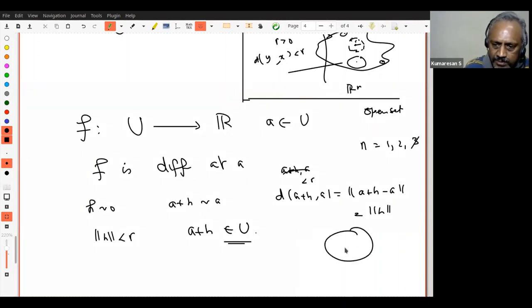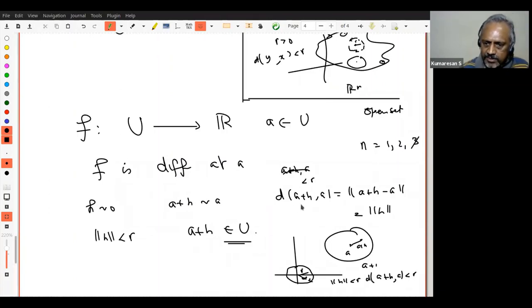So again, look at the picture. This is my A, and this is my vector H, which is very small, in Rn. Then A plus H will be this. I want to say that if the norm of H is less than r, then the distance between A plus H and A is less than r.